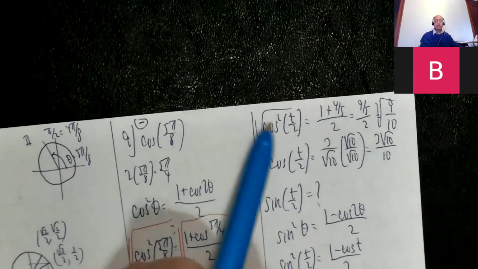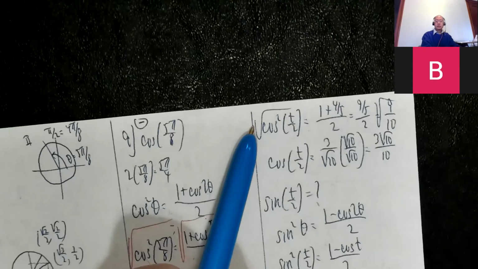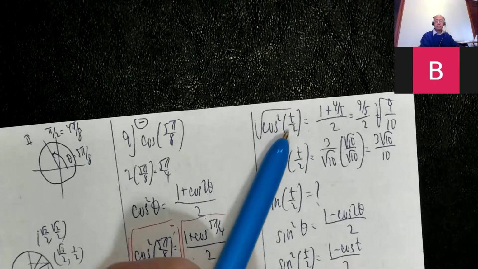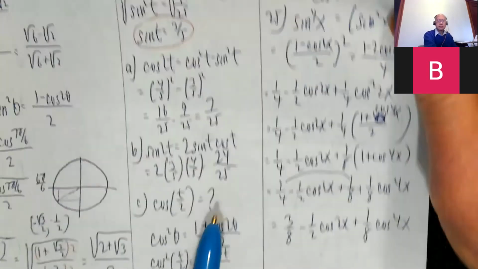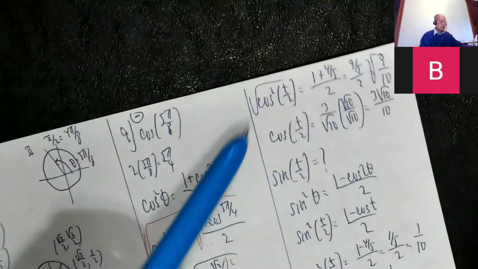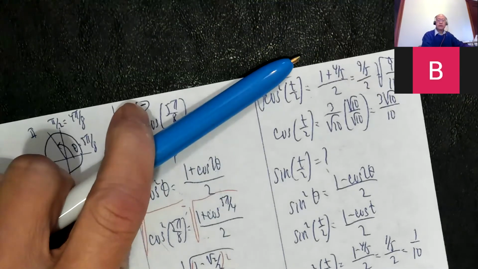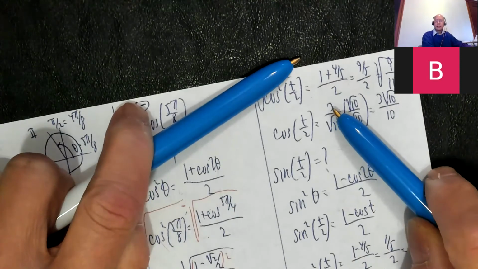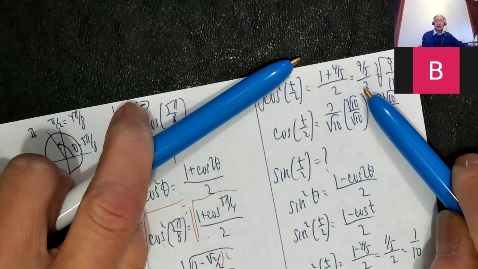So square root both sides. So the square root of cosine squared t over 2. So 1 plus cosine t, which came out to be 4/5. Okay, so cosine squared of t over 2 is 1 plus 4/5 divided by 2. That's 9/5 divided by 2.